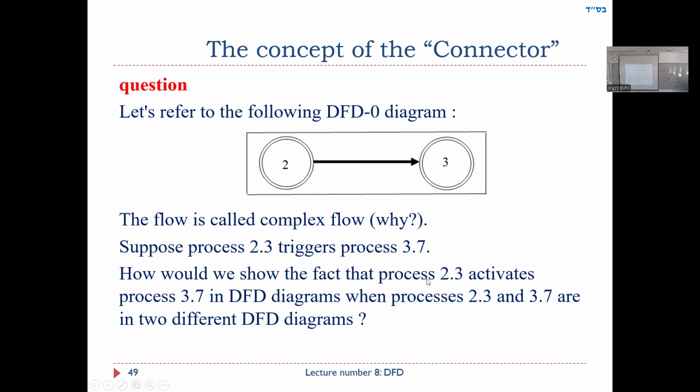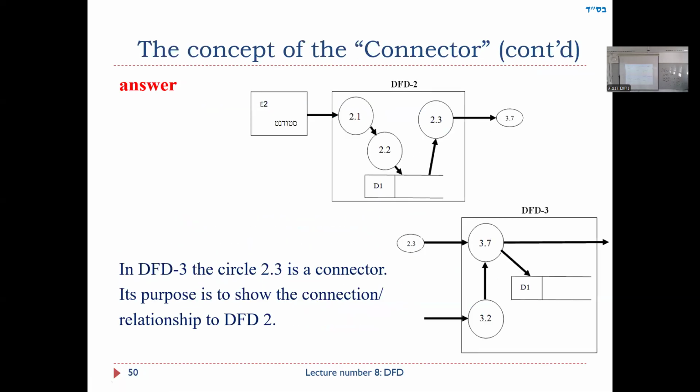How would we show the fact that 2.3 activates process 3.7? Well, the answer is like we saw before. I'll say 2.3 goes to 3.7, and in each one of them I can do it. What we saw before is different: I only had this one, and over here I left it as 3.